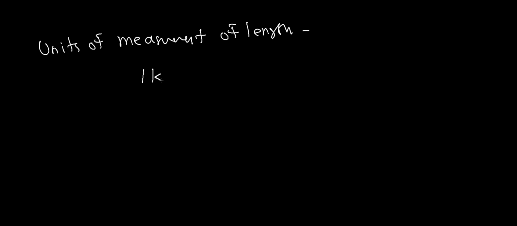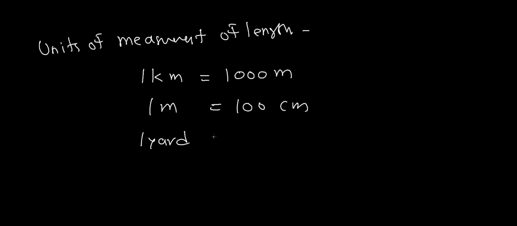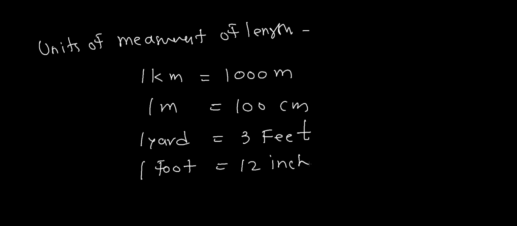So 1 kilometer equals 1000 meters. 1 meter equals 100 centimeters. 1 yard equals 3 feet. We are just looking at the units and their related conversions. 1 foot equals 12 inches.